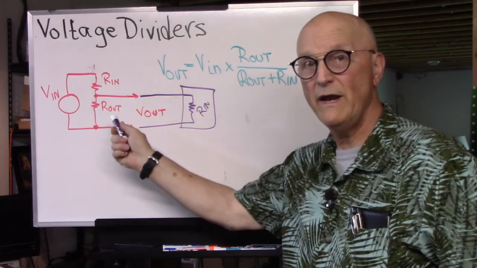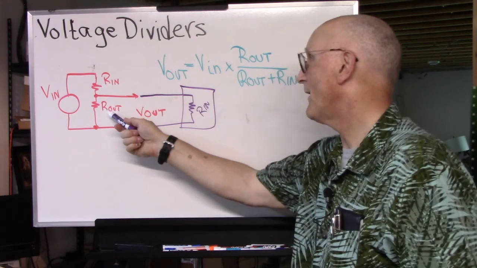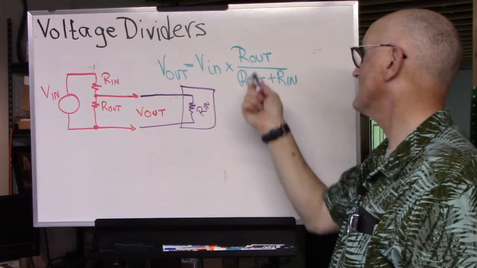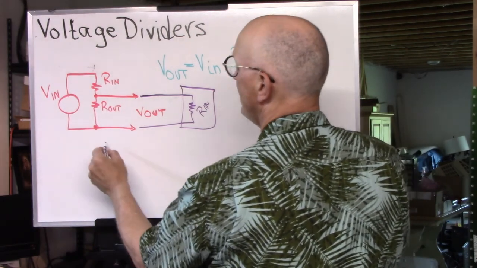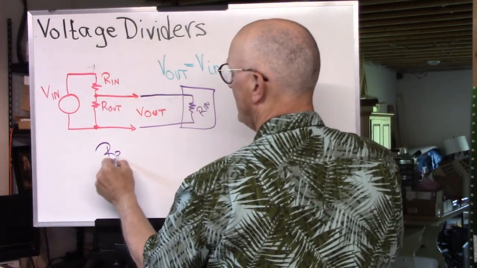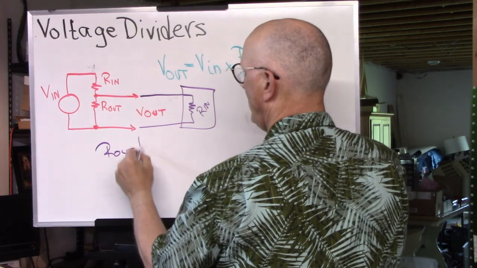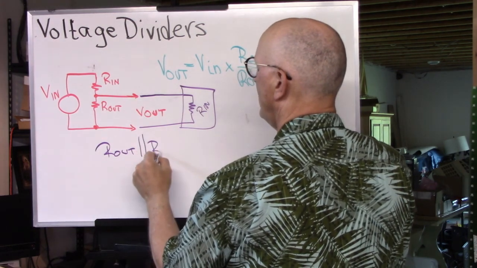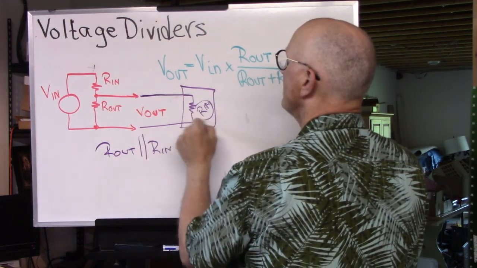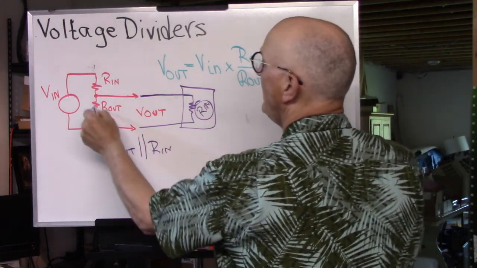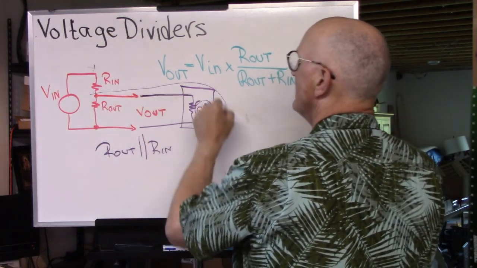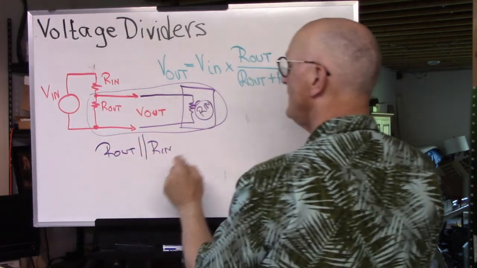And so the real R out that you need to use in this equation is really this R out over here in parallel with the R in of our box here. And so the real R out is this entire thing here.